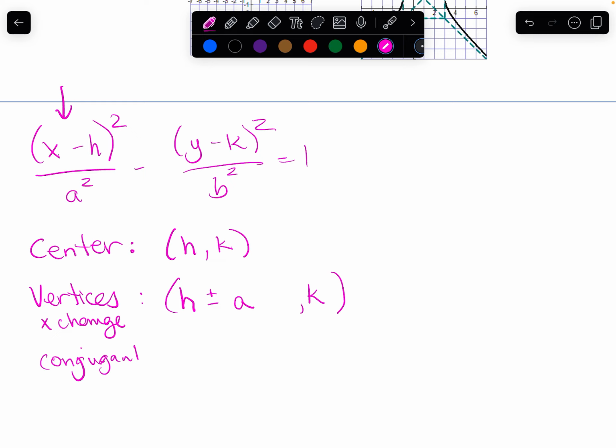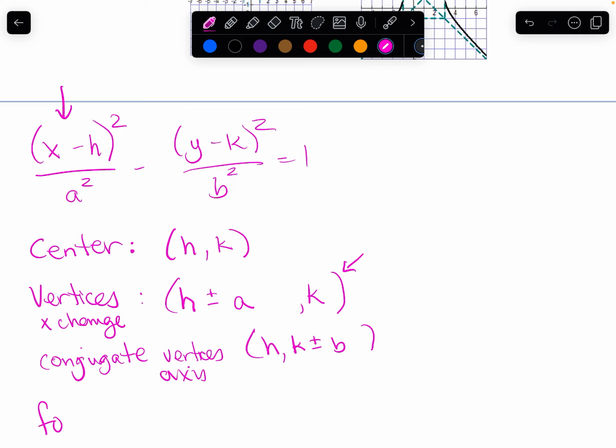Conjugate. Okay, conjugate. Vertices. Or I think they call them axes. Okay. For this one, the h is going to stay the same. The k is what would change. This is the one that you guys are going to be looking for all the time.